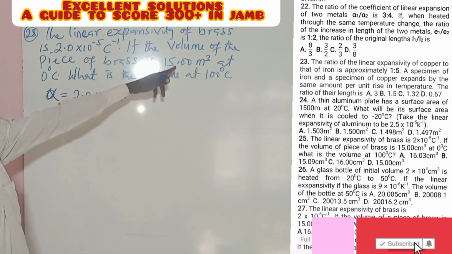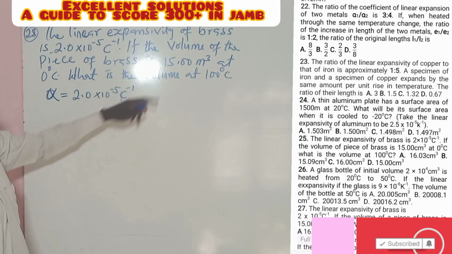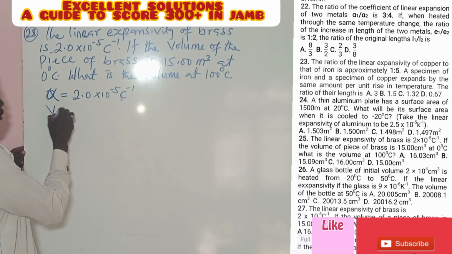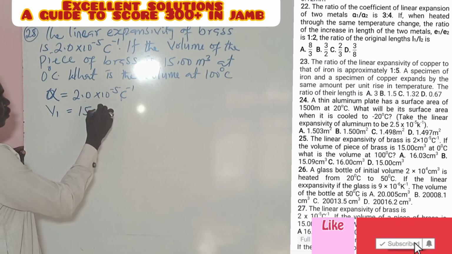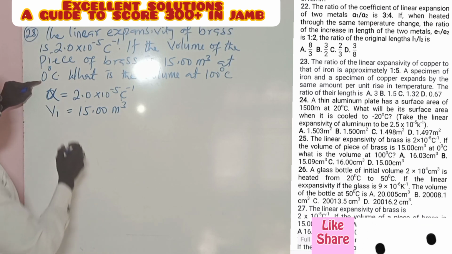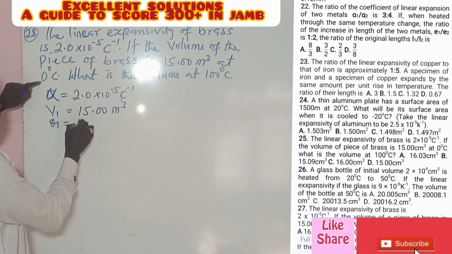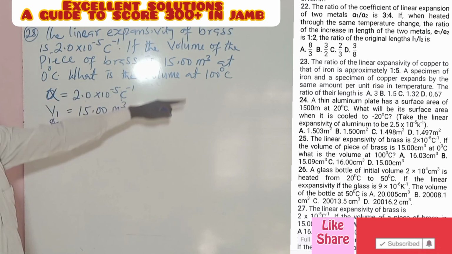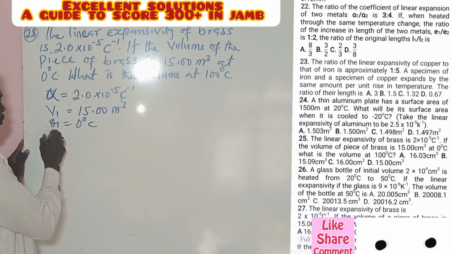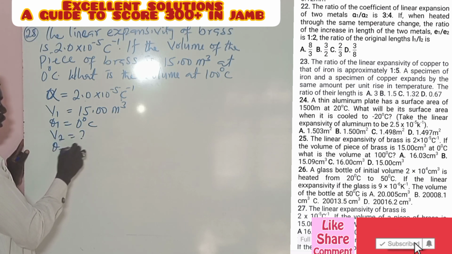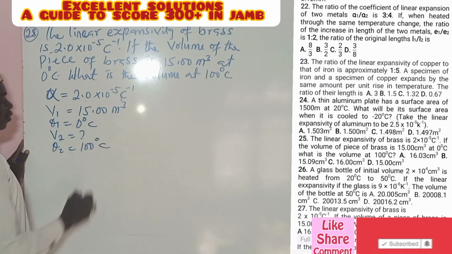If the volume of a piece of brass is 15.00 meter cube, our V1 equals 15.00 meter cube at 0 degrees Celsius. Theta 1 equals 0 degree Celsius. What is the volume at 100 degrees Celsius? So we are looking for V2 at theta 2 equals 100 degree Celsius.